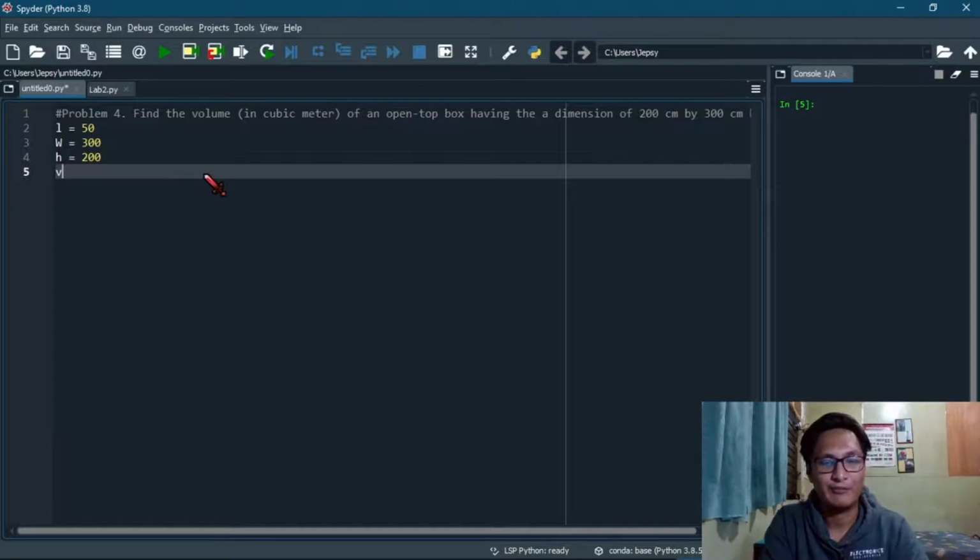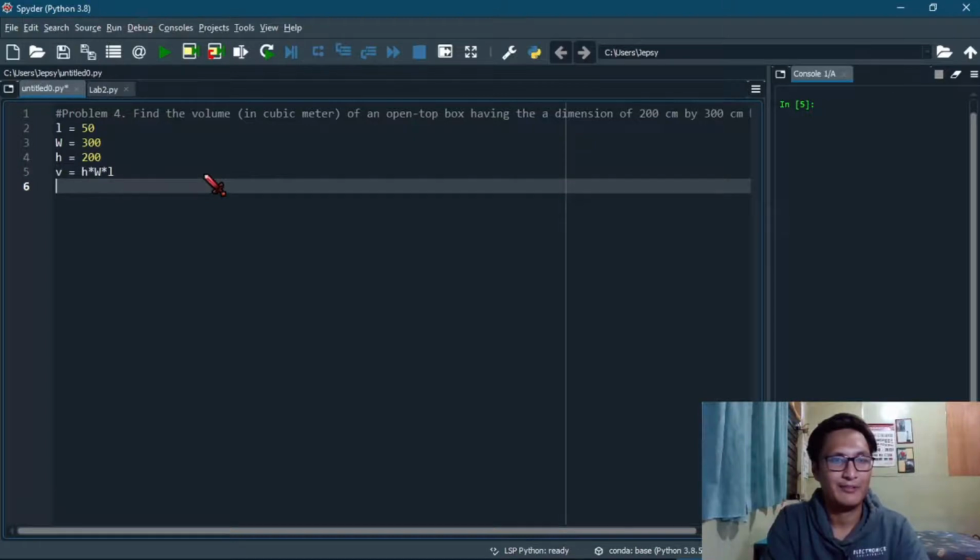Next, we put the volume for the open top box, which is height times width times length. But it also states here that we have to convert this into cubic meters.